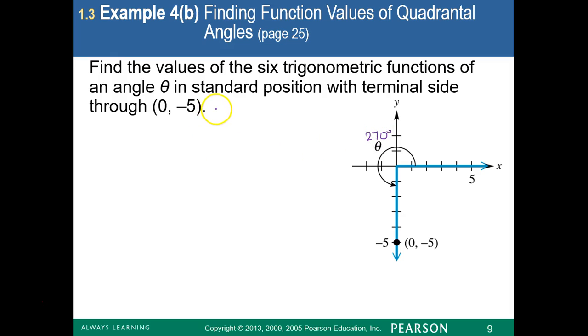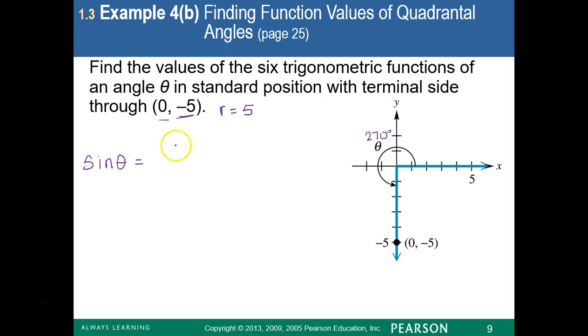But let's find all of our trig function values. That's what we're asked to find. Our r is going to be the positive of this number, so just 5. So this is our x and this is our y. We'll plug it in to each of these 6 functions.